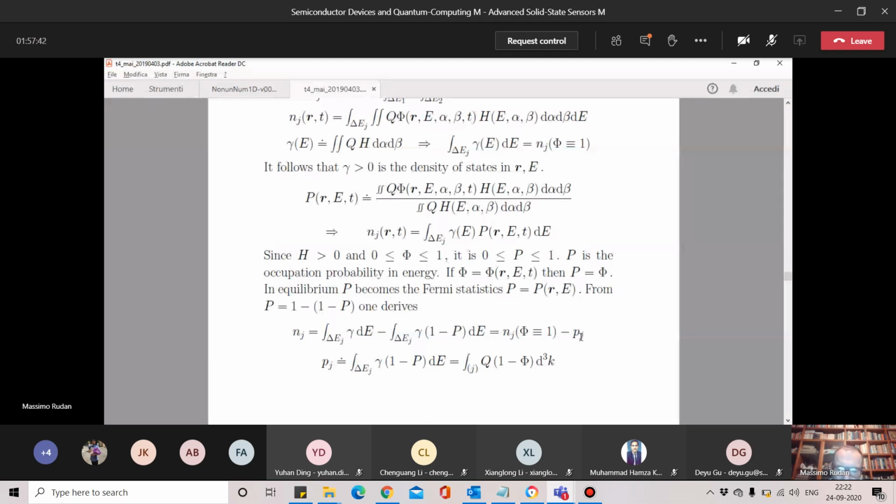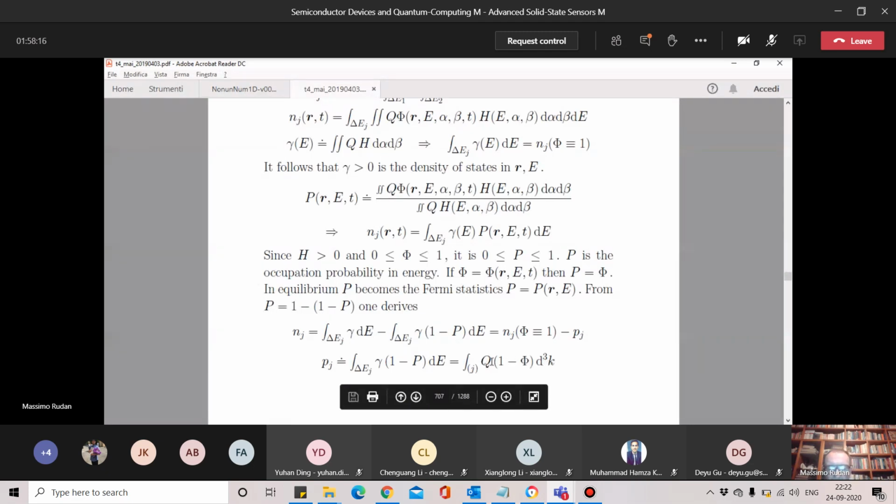It is not strictly necessary to define P using gamma. We may also define P using the original symbols, that is considering the density of states in the phase space and then multiply by 1 minus phi, that is the probability of occupation in the phase space R and K. We can do the same in this form.